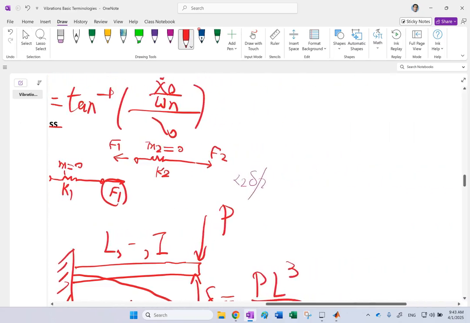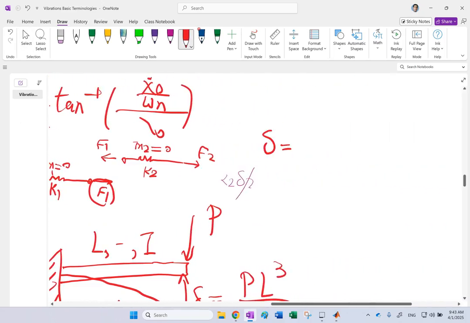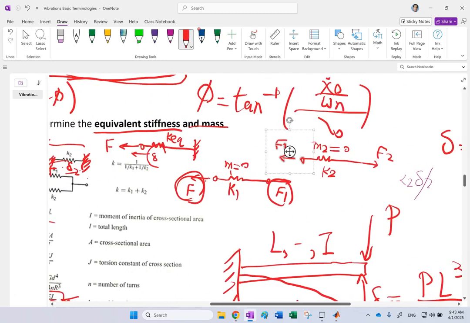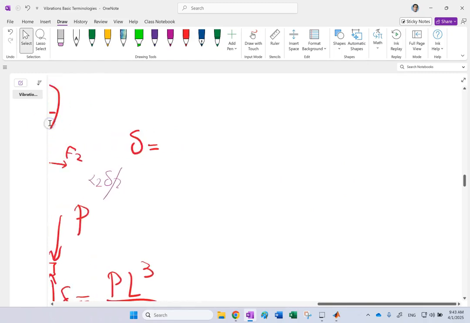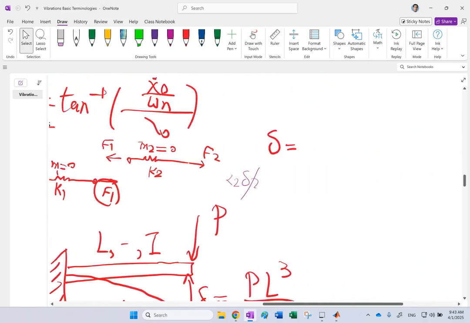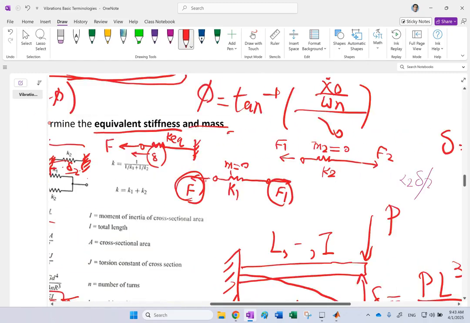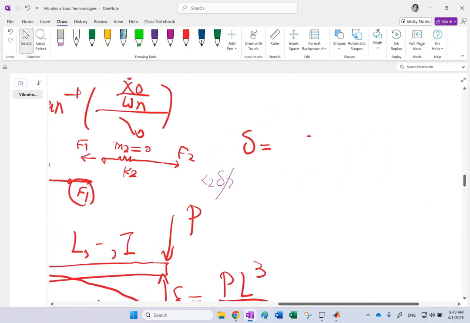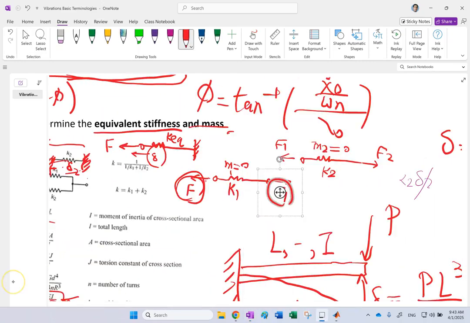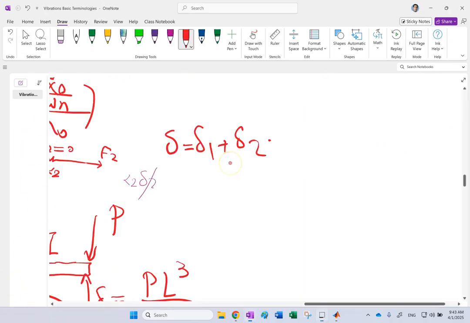So if I write it here, in this case, the total delta is going to be the same as delta 1 plus delta 2. So let's write it down. And delta is clearly F over K equivalent.